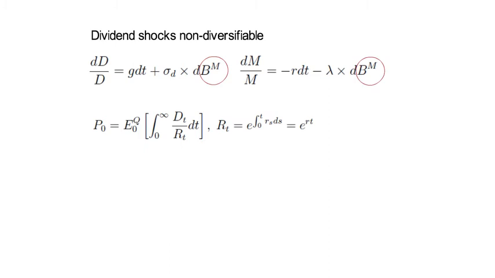Since the risk-free rate is constant here, it's just e to the rt. We can swap expectation and integration, and therefore we see that the price in zero needs to be equal to the integral of expected future dividends discounted by the risk-free rate and expectation taken under the Q measure.